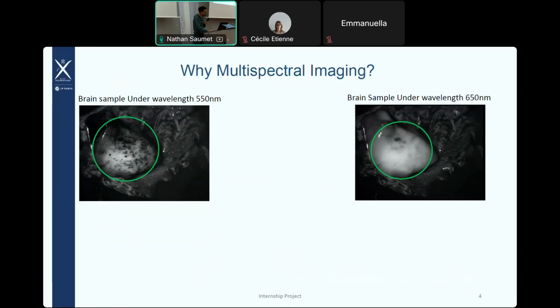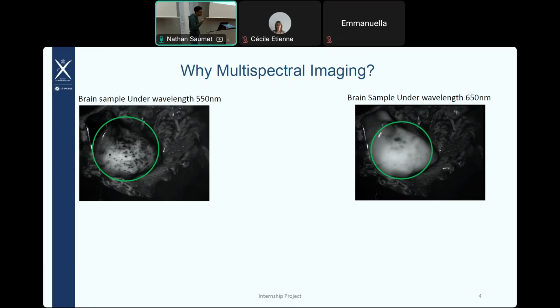So why do we need to scan the whole spectrum of the light? Why is it necessary? Here is a normal human brain sample, under two different illuminations, at 550 and 650.